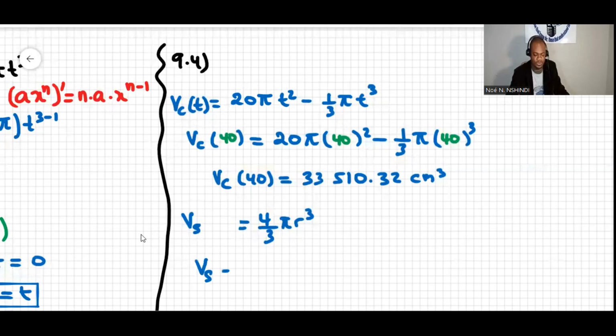Vs will be equal to 4/3 pi, and then the power of 3 there. We sub in the radius, and we can still use a calculator.